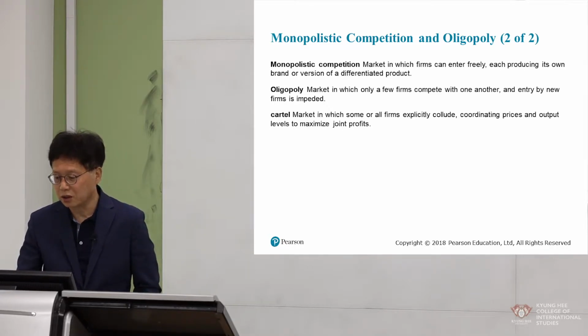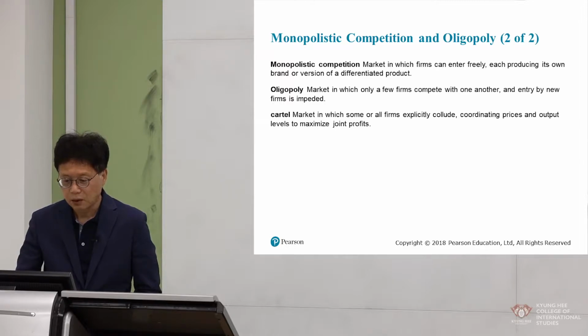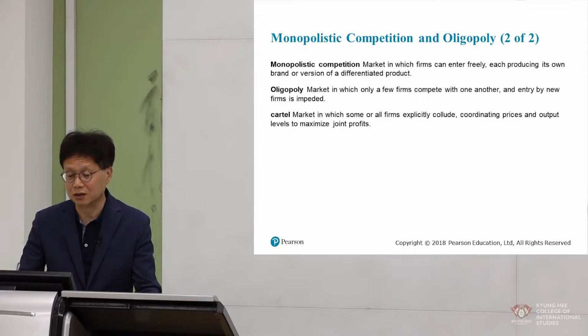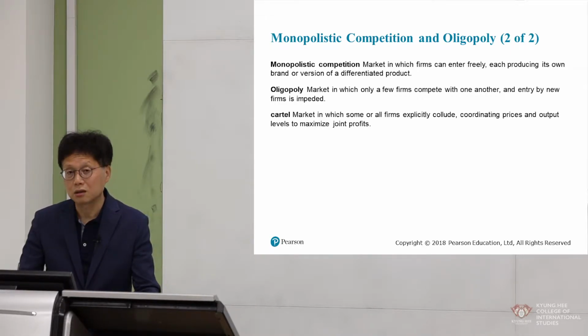Monopolistic competition and oligopoly. Monopolistic competition: a market where firms can enter freely, each producing its own brand or version of differentiated products. Monopolistic competition is featured by two things, free entry and differentiated product. Okay? Free entry in the long run means zero profit.